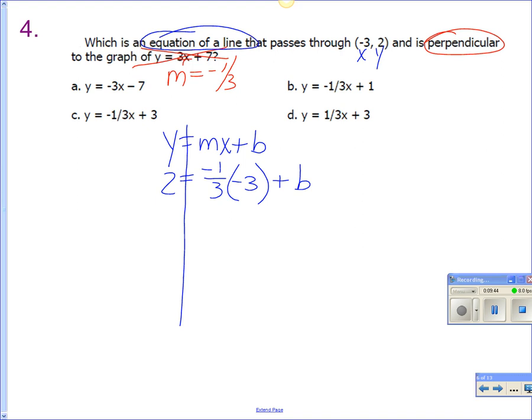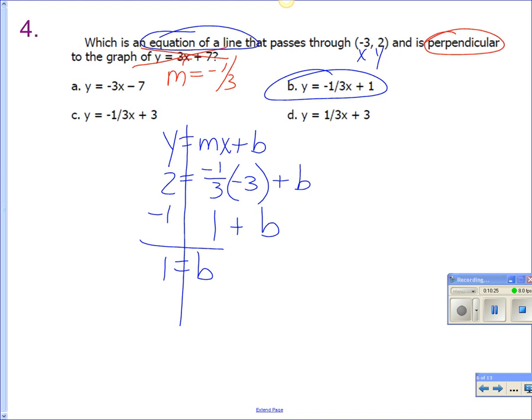And Monica, what do you do next? Good. That gives you +1. Chuck, what do you do next? Uh-huh. So 1 equals B. All right, Jacob King, A, B, C, or D? B. Very good. Y equals negative 1/3 x plus 1. All right. Questions?